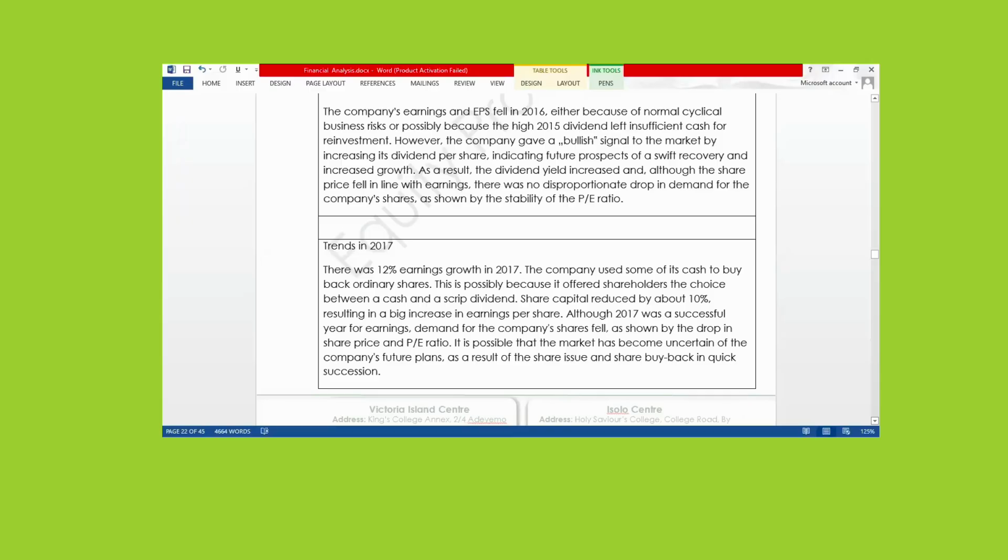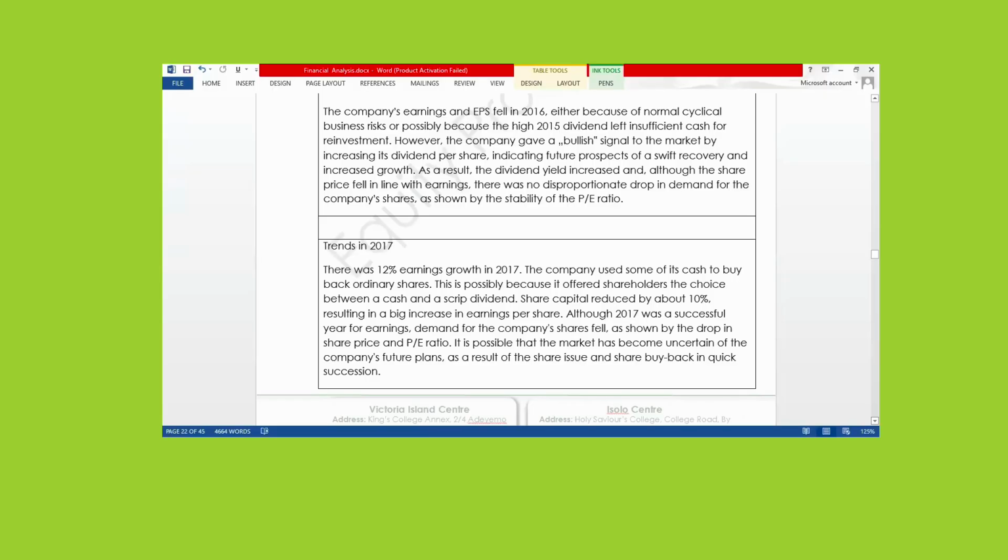The company repurchased some of its shares. This is possible because it offers shareholders the choice between cash and scrip dividends.